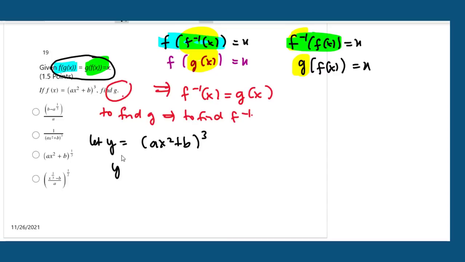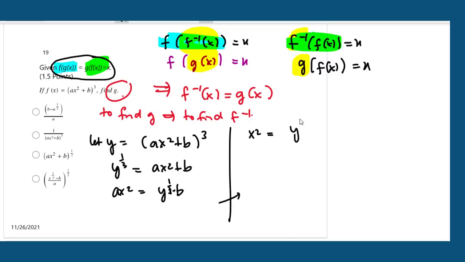Then y to the power 1 over 3 equals ax squared plus b. Take x as the subject. Okay, ax squared is equal to y to the power 1 over 3 minus b. The next step, x squared is equal to (y to the power 1 over 3 minus b) over a.